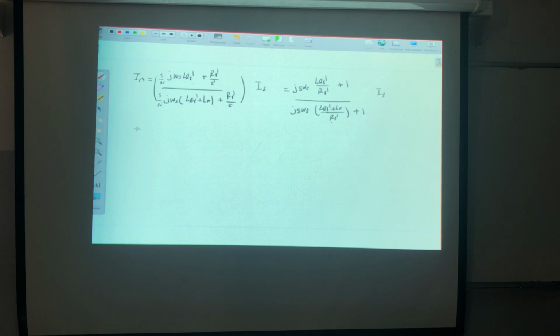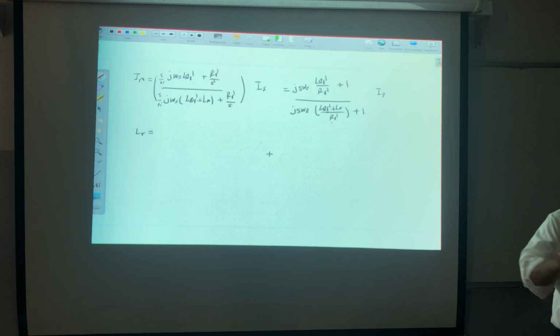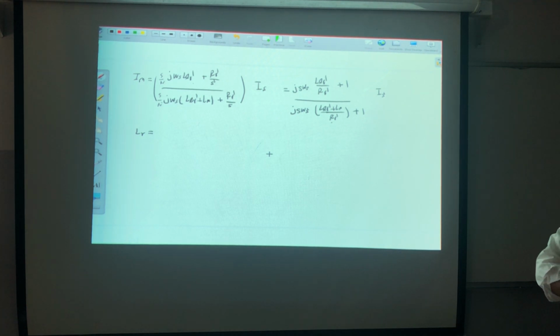In general, any inductance is equal to the leakage inductance plus the magnetizing inductance, correct? So Lr' will equal Llr' plus Lm.